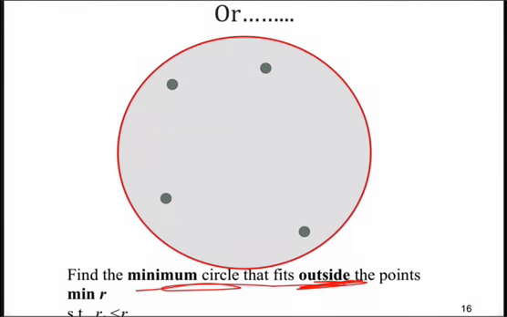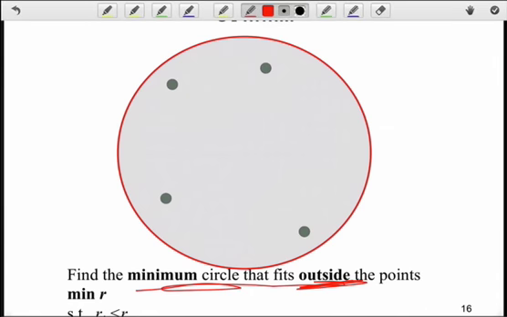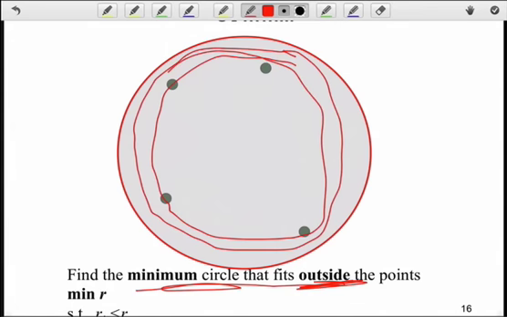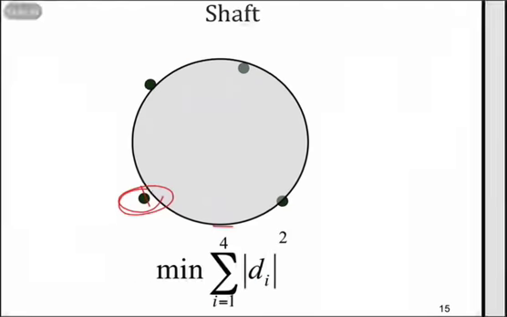So essentially what we'll do is contract this circle and keep making it smaller, as well as moving it around, until we get the circumscribed circle such that all the points are either on or inside the circle. Again, what's the minimum circle that we can have? That would give us a cylinder representing that feature. So the results here will obviously be different than the results using the least squares approach.